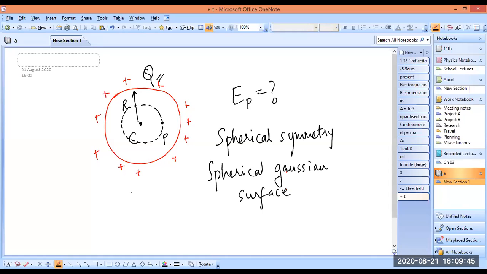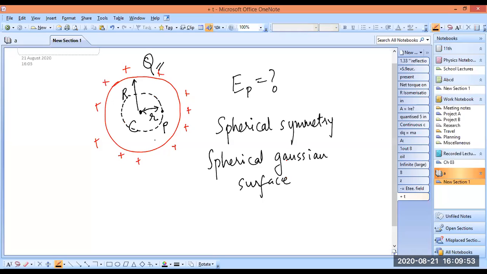So we will draw a spherical Gaussian surface, and suppose this point P is at a distance smaller, then all the calculations are same. The idea that electric field at every point on this Gaussian surface has same magnitude, all that is just a repeat. So I'll just start with this thing.